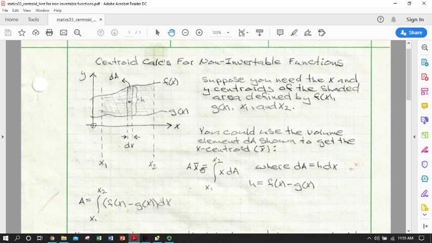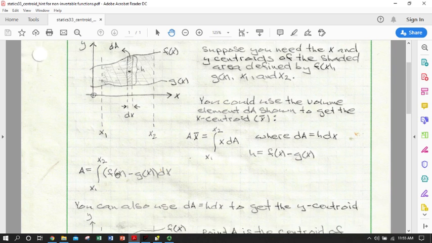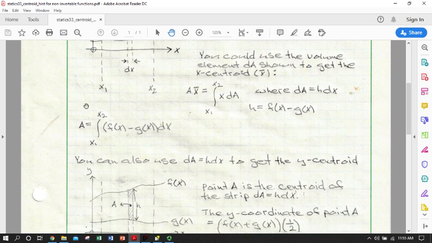So you integrate in both cases to get the area, and then x times parentheses f of x minus g of x dx, and so on. So this would be your area, and then you just have an x multiplier to get this term, divide, and you have the x centroid. Pretty standard, especially if these are two functions that are easy to integrate with respect to x.